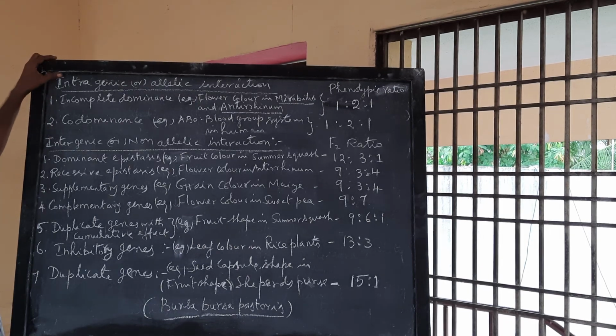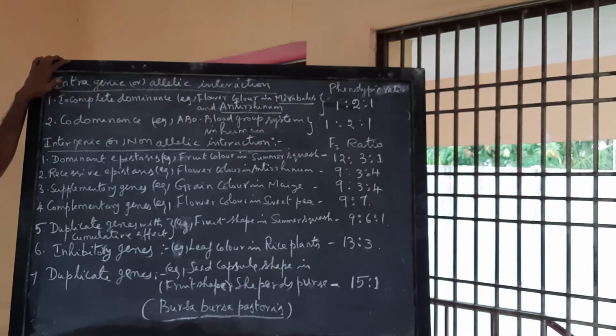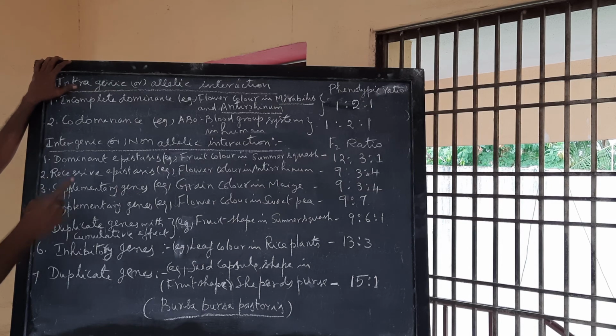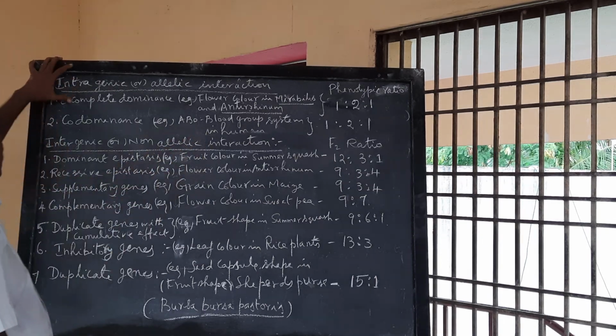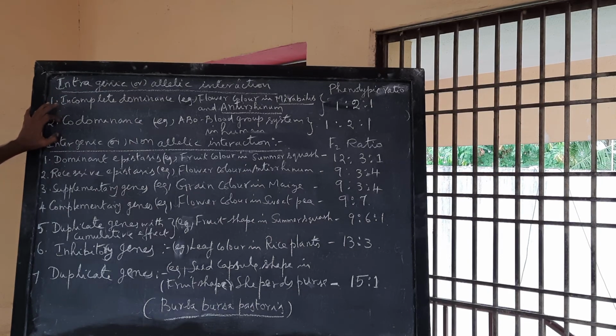Under that you get the following examples. Incomplete dominance is noticed in flower color in Mirabilis jalapa, the four o'clock plant, and Antirrhinum majus, with a phenotypic and genotypic ratio of 1:2:1. Codominance: an example is the ABO blood group system in humans, with a phenotypic ratio of 1:2:1.